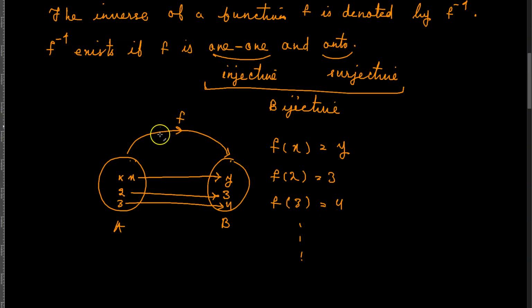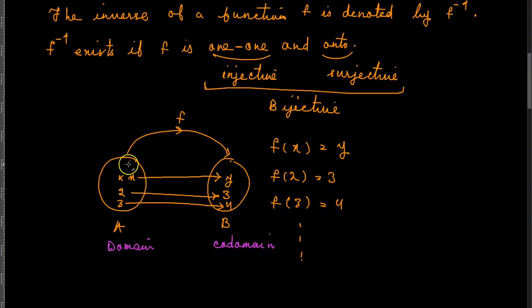Now, if this function is 1-1 and onto, this is the domain and this is the codomain.